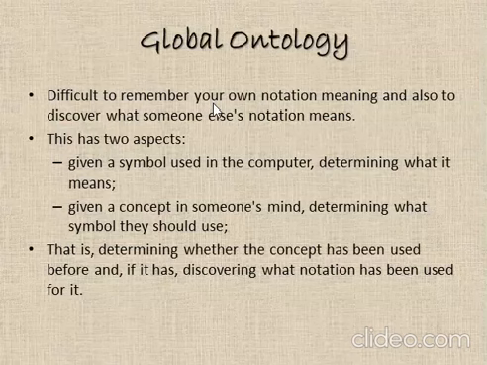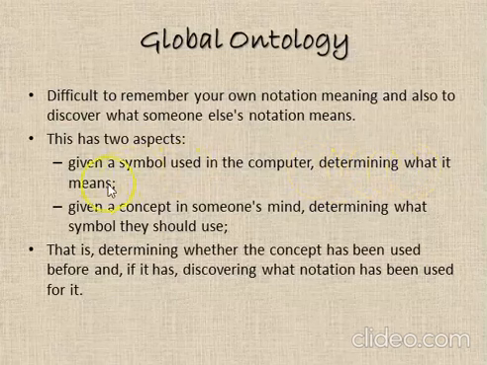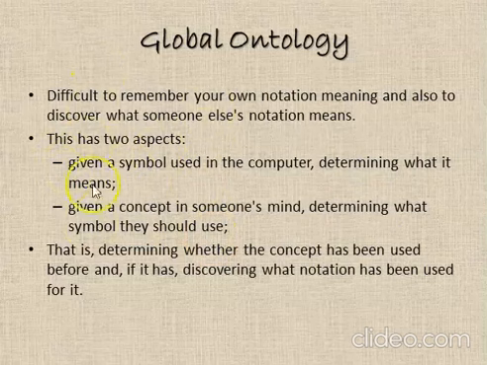So this leads to two aspects. Given a symbol used in the computer, we have to determine what it means. Then, given a concept in someone's mind, determine what symbol they should use. These two aspects come into consideration.